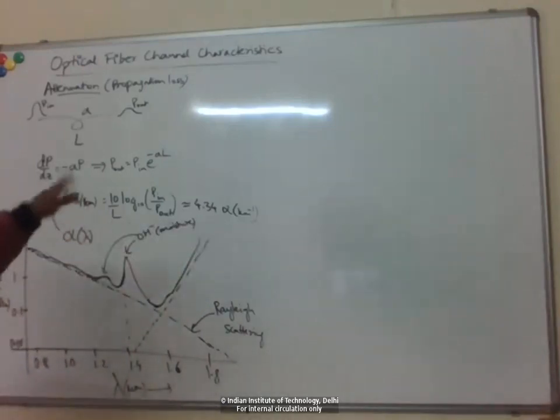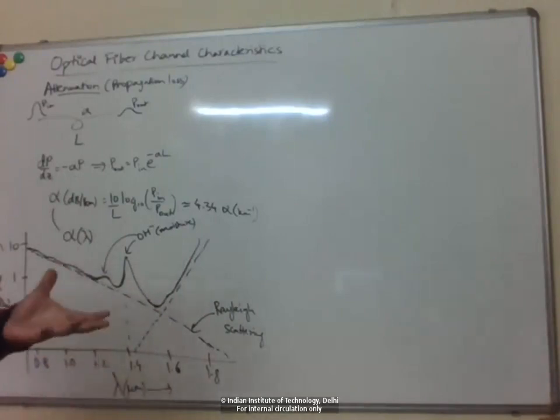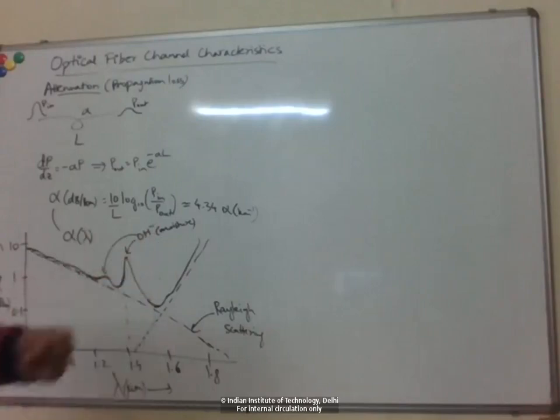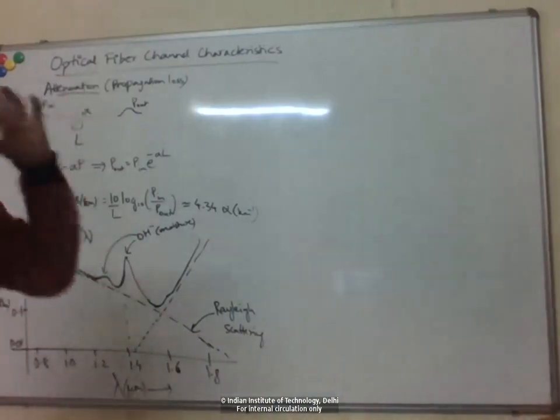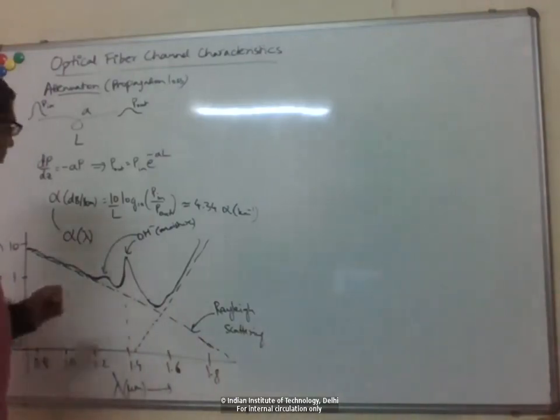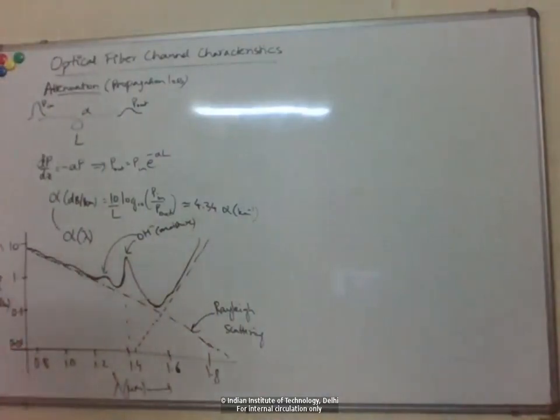Whereas for amorphous materials, because you don't have a well-defined crystal structure, in some places the density of the molecules is higher, in other places it's lower, and you have some dangling bonds, etc. Of course, this amorphous nature helps in the manufacture of optical fiber, because you can melt glass and pull it into really thin threads. But any amorphous material also has this fundamental scattering mechanism, Rayleigh scattering.